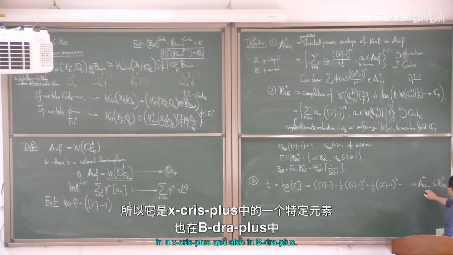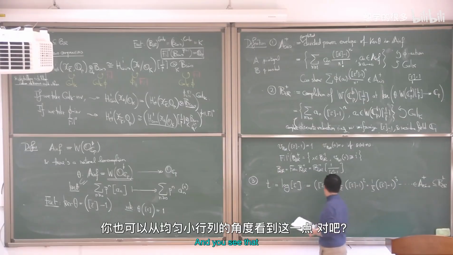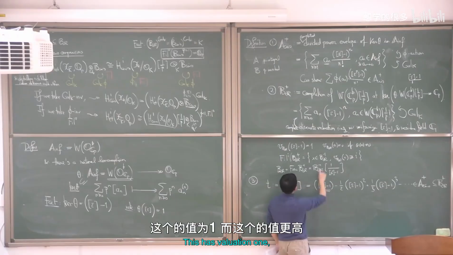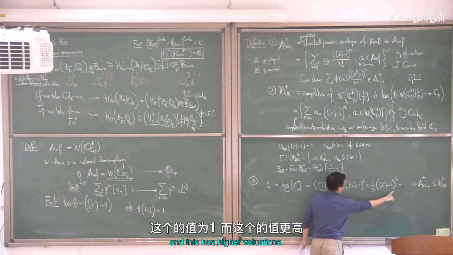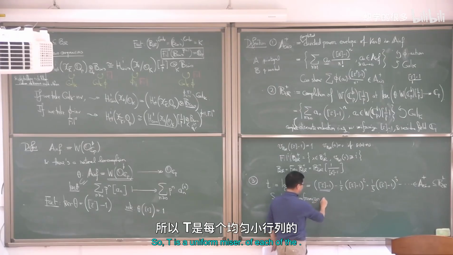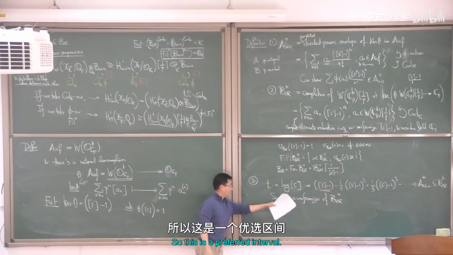So it's a particular element in A inf plus and also in B dR plus. And you see that also in terms of uniformizers: this has valuation 1, and this has higher valuations. So t is a uniformizer of B dR plus. So this is a preferred uniformizer.